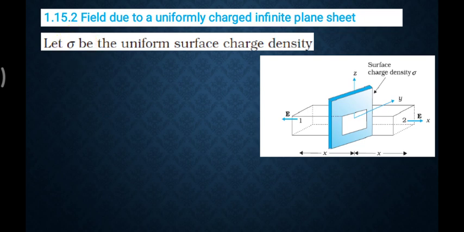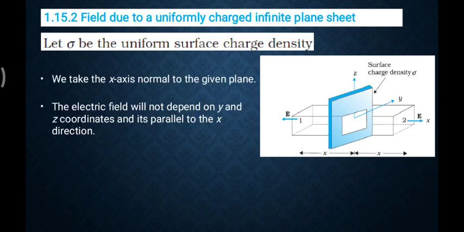This is sigma. We take x as the normal axis from the plane sheet. Here the plane sheet is standing like this, so the x axis is like this.